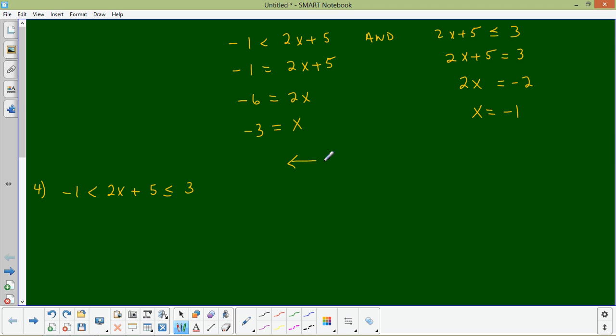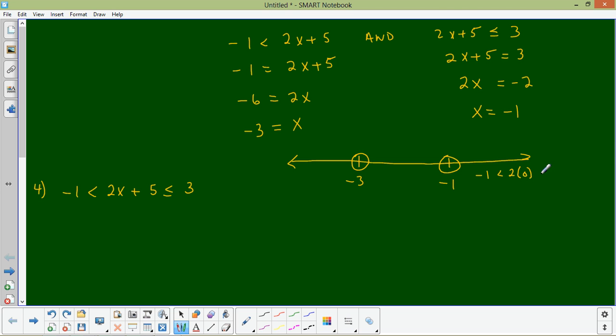Get them in the right order on a number line. Negative 3 is going to be to the left of negative 1. And then, in the original inequality that they gave you, test a number. I'm going to plug in a number bigger than negative 1, I'm going to plug in 0.